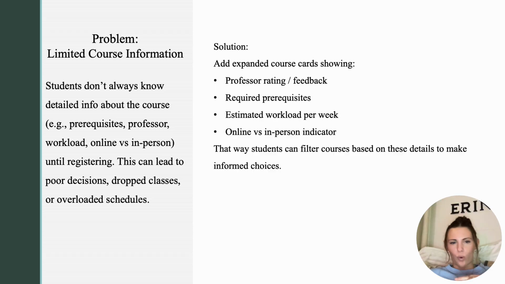That one, number 1, I think would be the best. Required prerequisites are already on there. Online or in person is already on there. Estimated workload per week could be a lot harder for professors to provide, but I do think it will help us as students plan ahead for our schedule, if we have work or other conflicts going on in our lives.